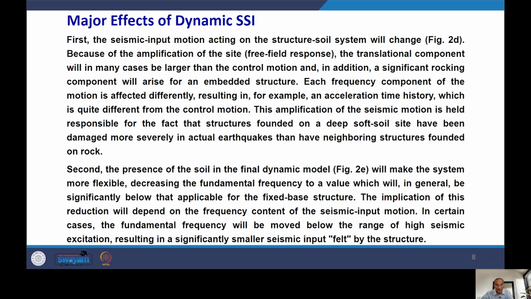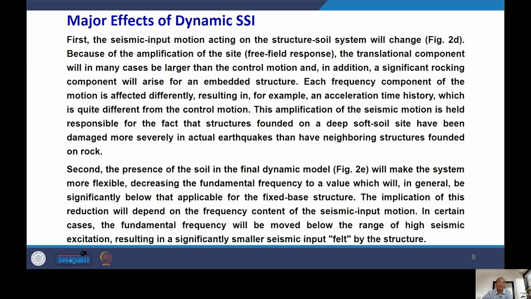The presence of soil will change the natural frequency of the system, and normally it will decrease, going below the natural frequency of the fixed base structure. As a result, you may get a smaller response, as we will discuss later. When you reduce the natural frequency of the system, there is an increase in the time period. So this was the second effect of the presence of the soil.